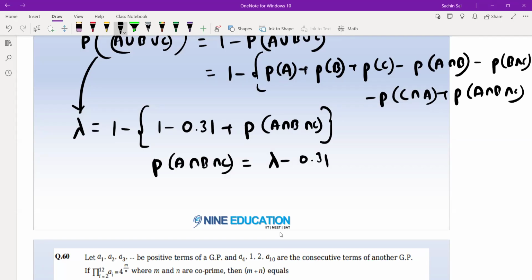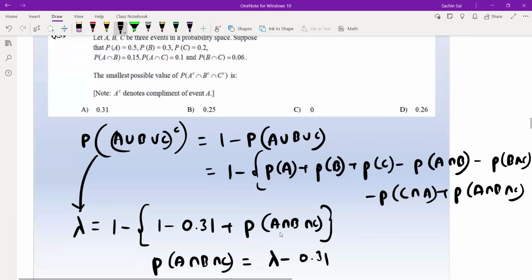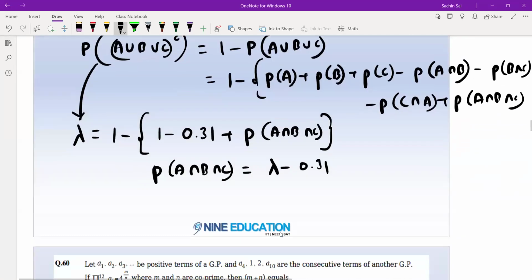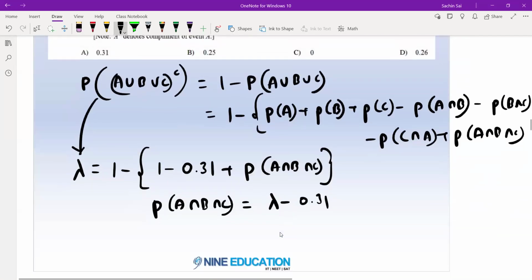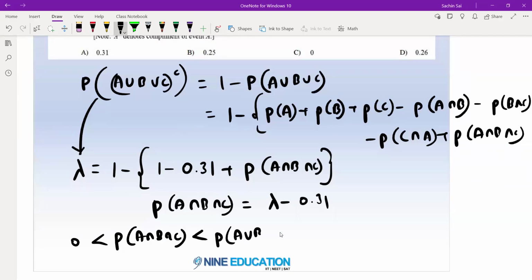Now remember that P of A intersection B intersection C must always lie between 0 and 1 because it is a probability. And in fact, to be even more accurate, P of A intersection B intersection C should be less than P of A union B union C. So that is also important.